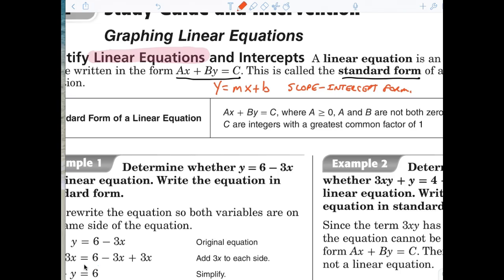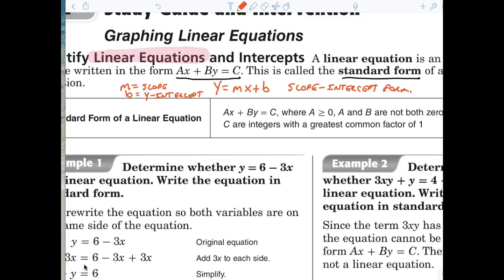Now, I don't know why they chose m, but m represents the slope and b represents the y-intercept. Now we're going to talk in much detail about that. By the end of the week, you'll know exactly what I'm saying, but this is just the introduction.